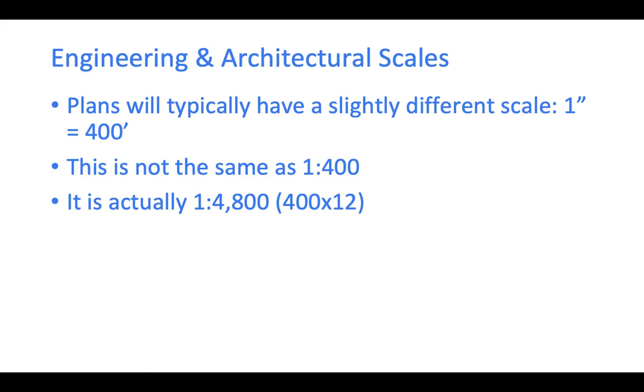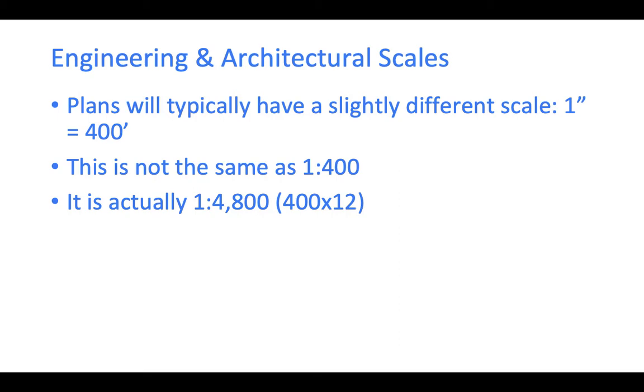It would actually be, if you're going to convert that into this fractional scale, which again, a lot of architects don't like that stuff on there, but we geographers do, it would actually be 1 to 4,800, right? Because if we take that 400 feet, we know there are 12 inches in a foot, and so therefore it's 400 times 12.